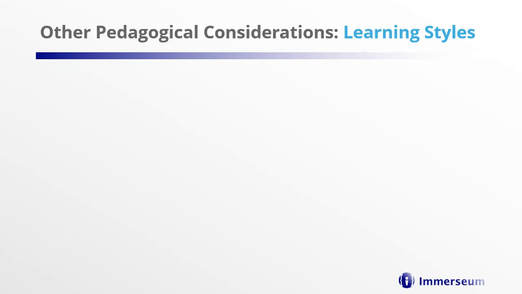Now, other things to consider in terms of pedagogy are learning styles. Now, learning styles are something that from a learning theory standpoint come in and out of vogue about every other month. There are two taxonomies of learning styles that I have found to be helpful as I think about structuring educational experiences in VR.